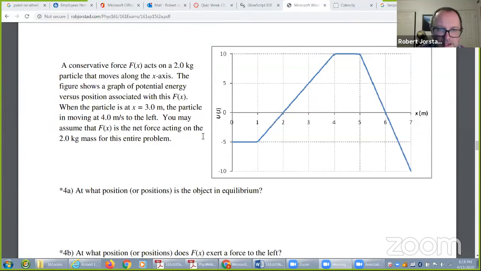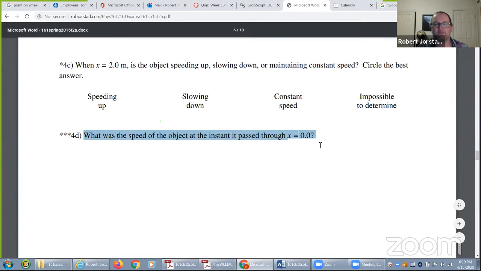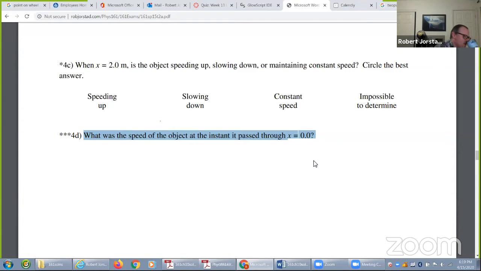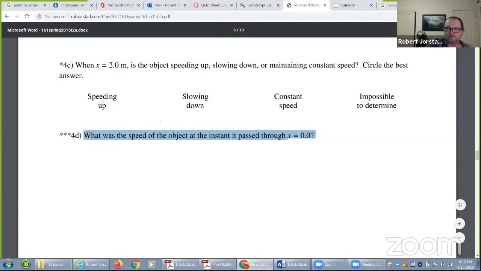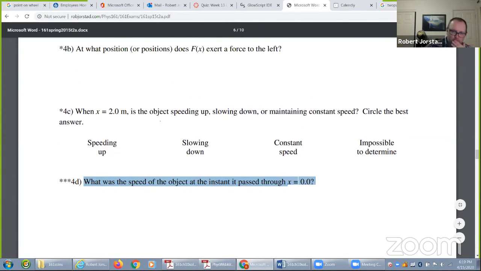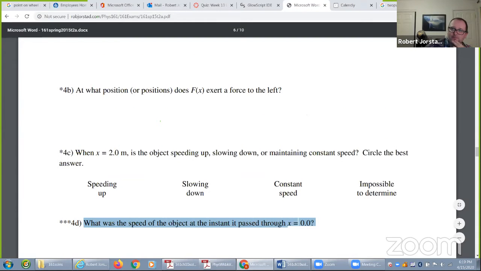And then the speed, here you do what type of problem? 4D, what would you do? Think to yourself. We're trying to find the speed. Here's the original problem statement.